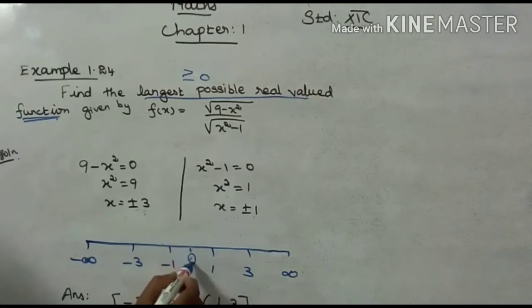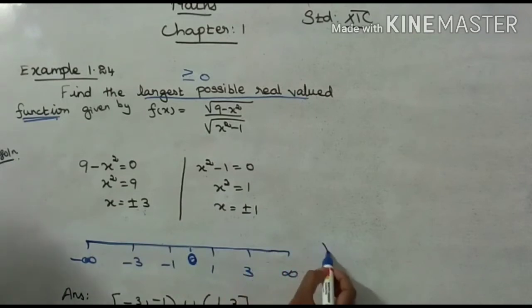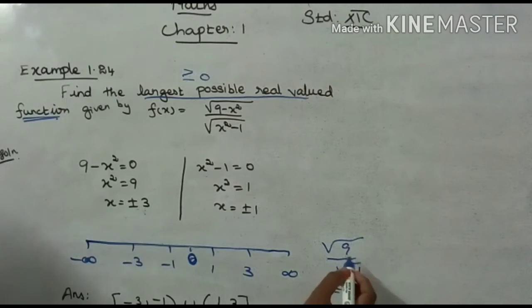Substitute here: root of 9 minus x square, with x equal to 0, so root 9, and for the denominator we get minus 1. So square root of 9 by square root of minus 1 gives a negative value.